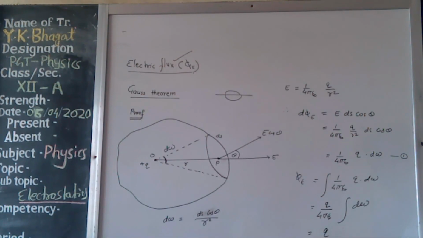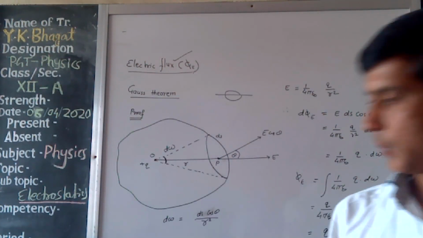Then q upon 4 pi epsilon naught into 4 pi. The 4 pi cancel, then we get q upon epsilon naught, and this is the Gauss theorem: 1 upon epsilon naught times the charge. Okay.